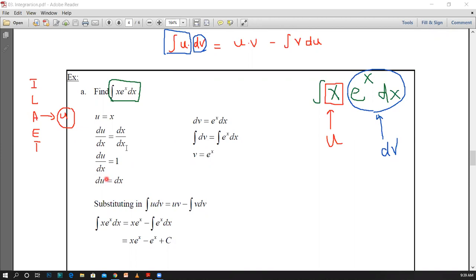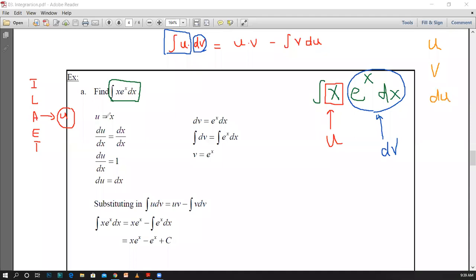Prior to this calculation, if you look back at this equation, this is what we need to identify. If you need to evaluate this, you need the function u, a value for v, as well as a value for du.